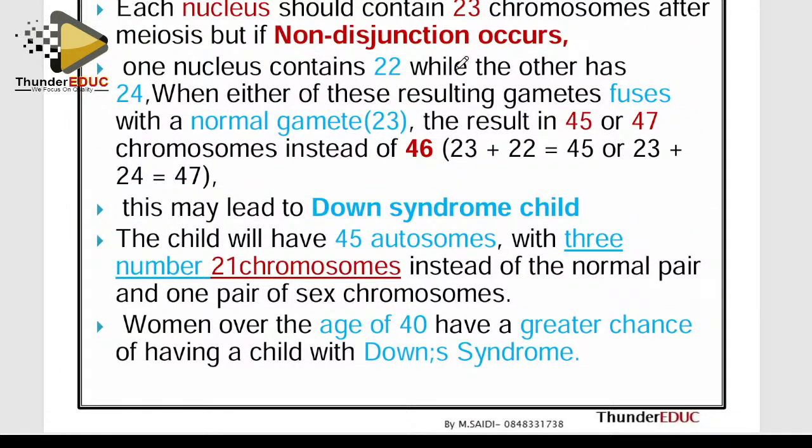check. They say 3 of chromosome 21. And here, they don't say 3. They say 23 plus 22 gives you 45, or 23 plus 24 gives you 47. They don't say 3, they don't say 2, unless they say 3 for chromosome number 21. You see that?